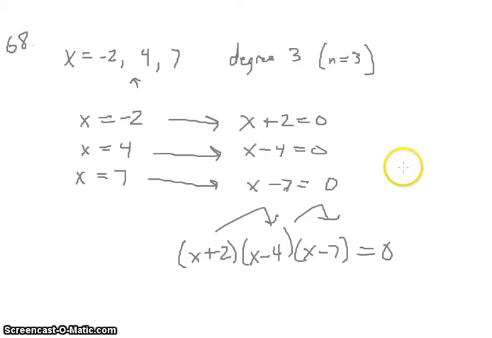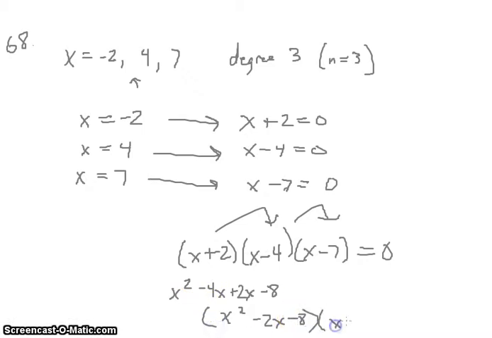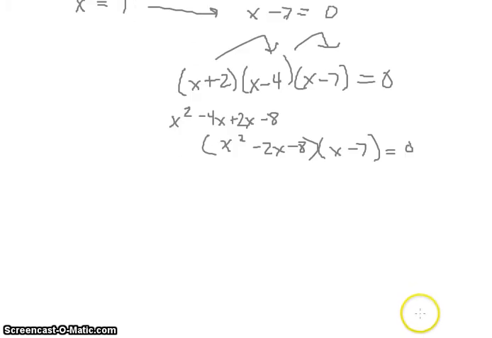So if I multiply the first two things together, I get x squared minus 4x plus 2x minus 8, or x squared minus 2x minus 8. Then from there, I take that whole thing and times it by x minus 7. So I'm going to times this all by x minus 7.